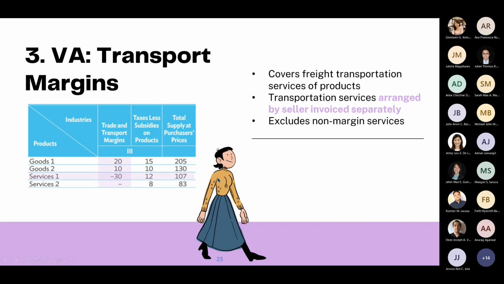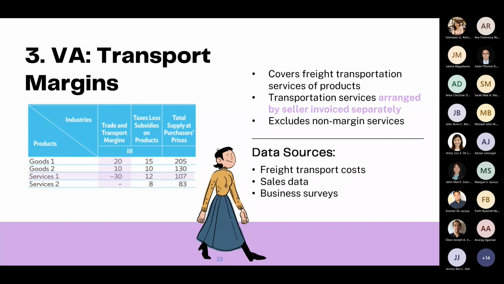As with trade margins, we deduct the amount of the transport margin from the row of the transport services and allocate it to the relevant products that are transported. So this valuation adjustment should result to zero. Same thing with our trade margins. Data sources would include freight transport costs, sales data, and business surveys.